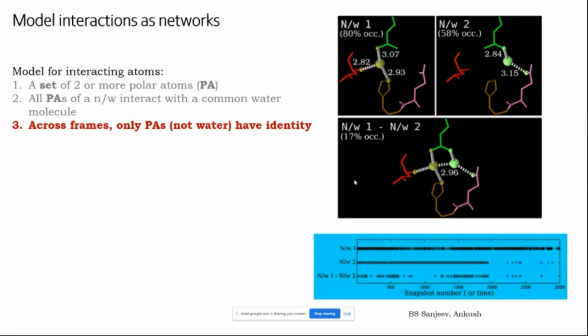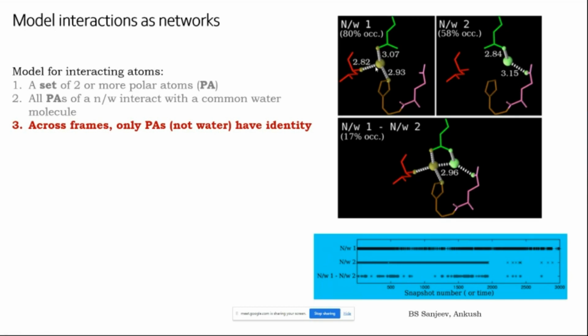So the important thing here is it does not matter what the ID of the water is. It does not matter because water can get exchanged, but what is of biological significance is if these three particular atoms, A, B, and C, have a network for a significant amount of time.